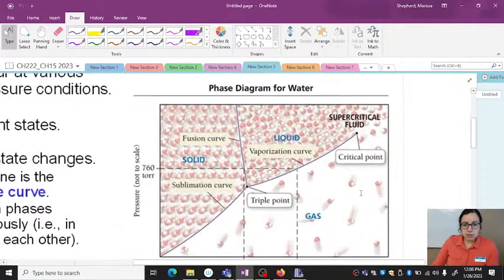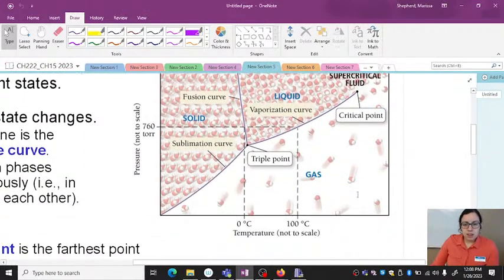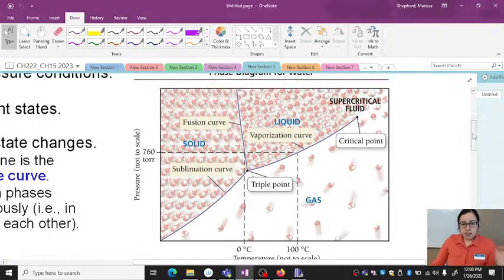So let's zoom in on this for a second. On our x-axis, we have some sort of temperature scale. And at least for water, the temperatures that are significant are marked. So obviously freezing and boiling are marked on there.